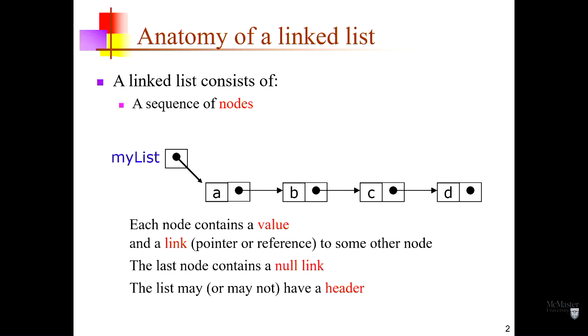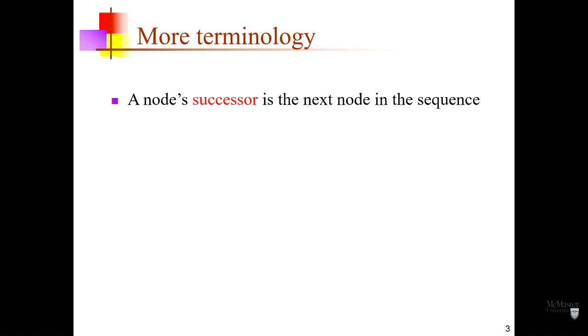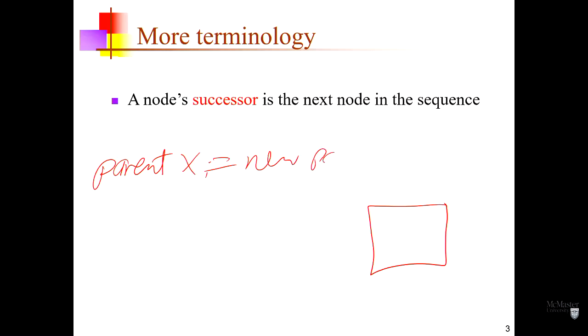Remember this figure? So assume, and we discussed this in inheritance as well, that you have a parent class called Parent, then you create X as a Parent. And then later you say new Parent. And then here you create another Parent, Y, right?